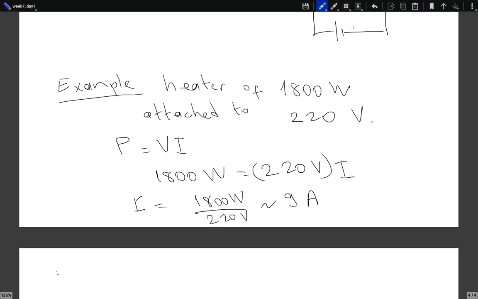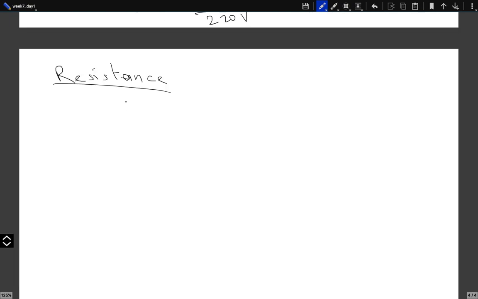Okay, so let's go back to resistance. You see, most of the resistors or the wires we have are essentially very long cylinders.